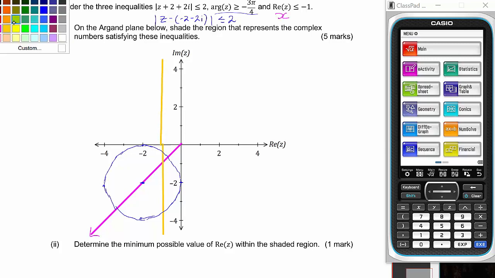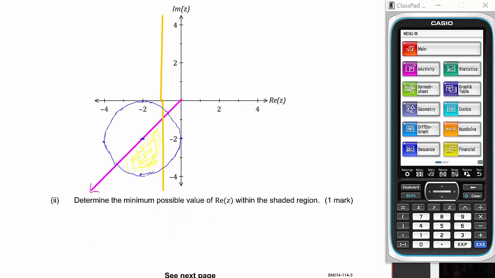And then we want to shade a region that is within the circle, to the left of our vertical line, and has an argument that's more than negative 3π/4. So that will be this side. Remember, back here they're more negative. So in actual fact, the region that we want is this region just here. So that's the one we should shade.